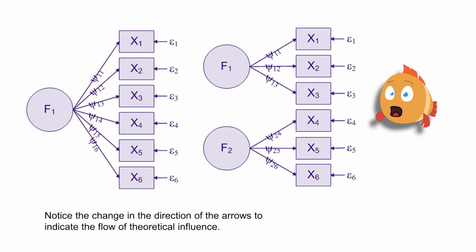So we've gone from using our items to create a measure to using our construct and having our construct predict the individual responses of the questions, and that the question responses are a consequence of that construct, as opposed to just this summation of those responses to create construct. The arrow is reversed, is what I'm trying to say here.